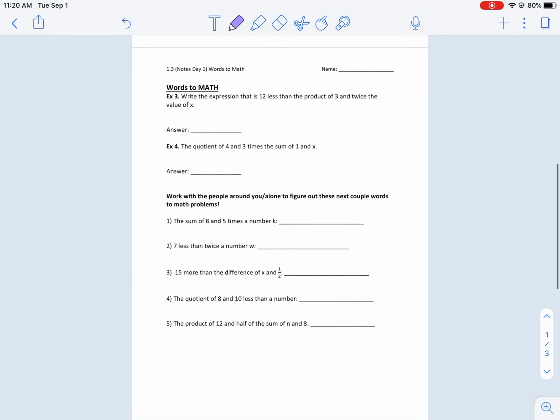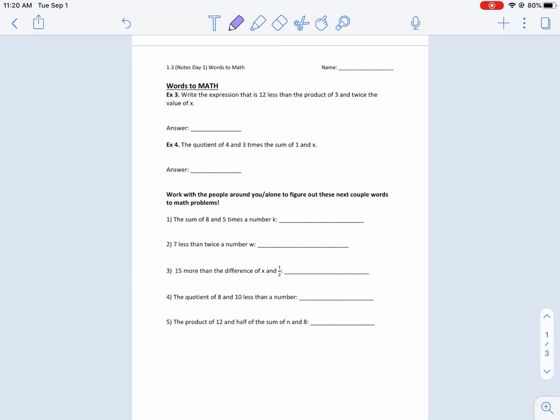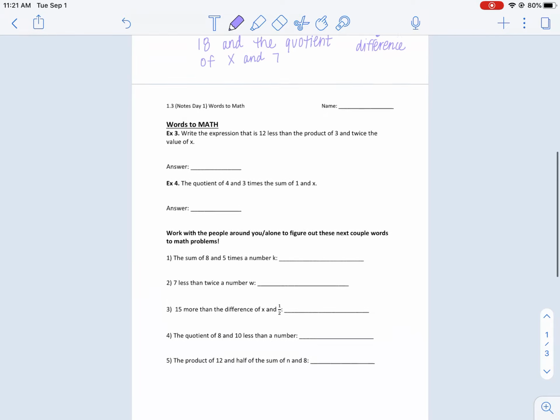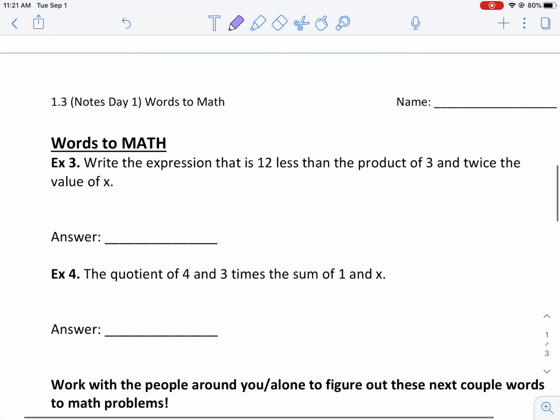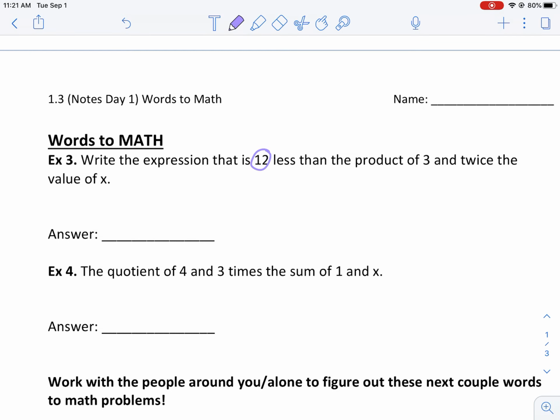Moving on, write the expression that is 12 less than the product of 3 and twice the value of x. Okay, so this is a lot. We've got our number 12. I'm going to go ahead and underline the words which will turn into some kind of symbol.